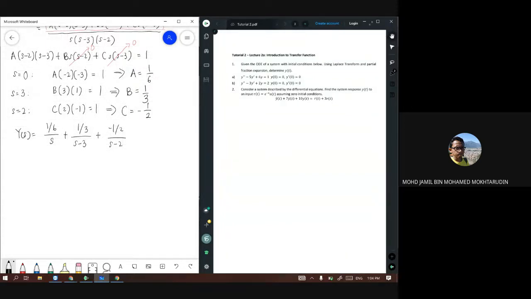So we use inverse Laplace transform. Okay, inverse Laplace transform. So you get y(t) equals 1/6 plus 1/3 e power of 3t minus 1/2 e power of 2t. Okay, so this is the final answer.